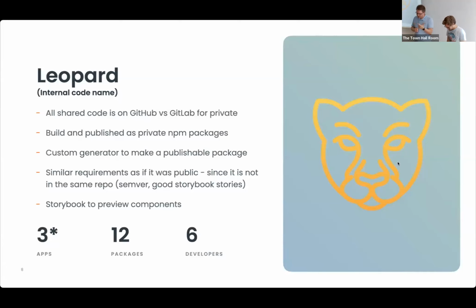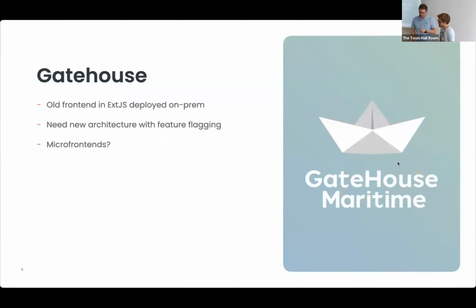Yeah, so we have 3 apps, the Leopard, the upcoming data platform, and then the storybook to show those apps. And then 12 packages and 6 developers working on all of this at Gatehouse.